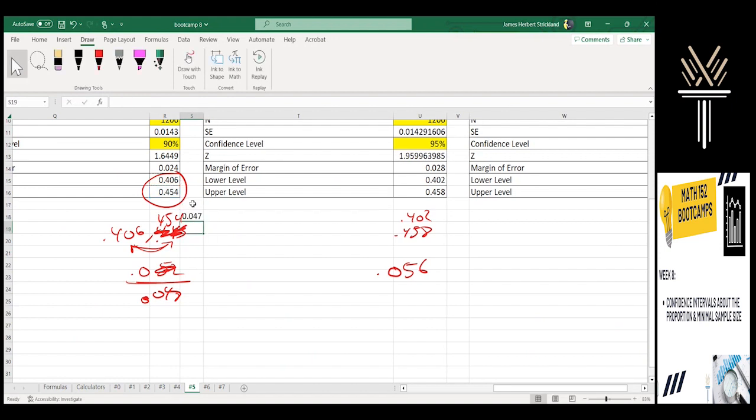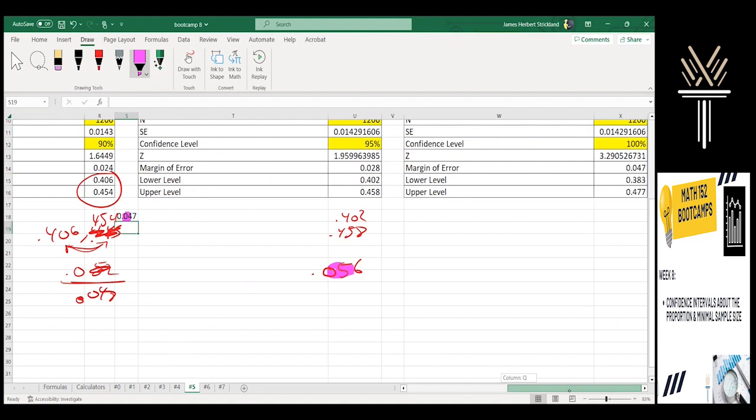There we go, 0.47, because they're rounding a little bit. But that's the idea of how far apart it is. It's about 4 percentage points, and now it's about 5 to 6 percentage points. If I subtract these two, you can see it's getting further and further apart. Now it's about 9% of a range.